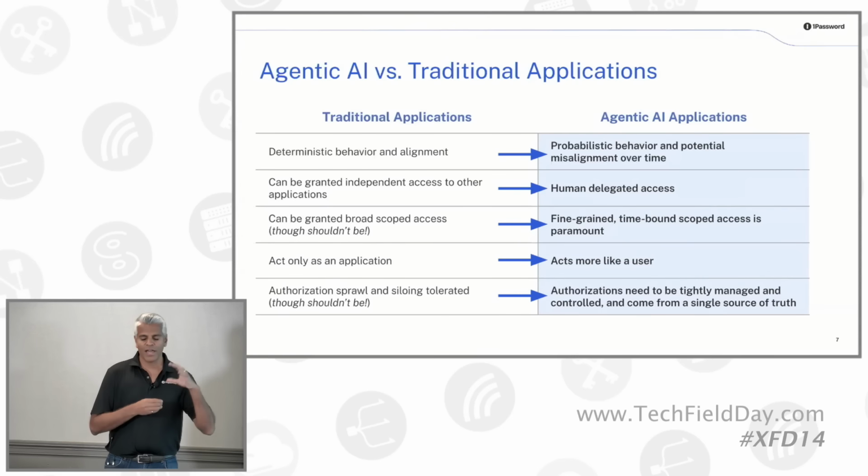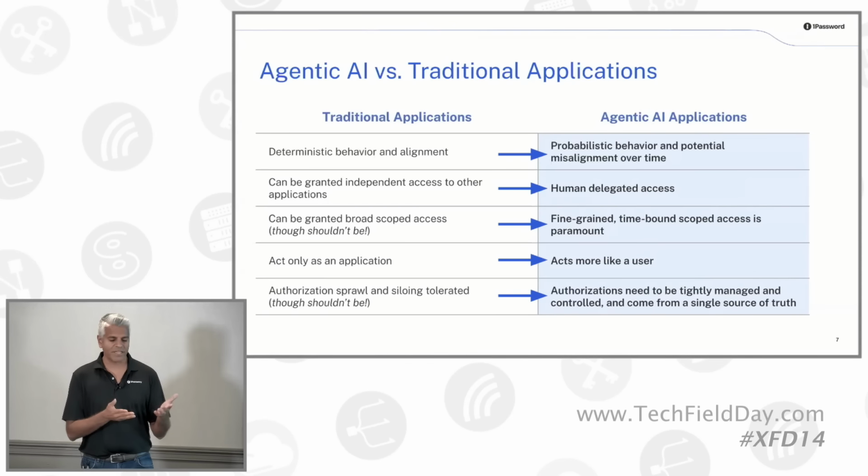You have your application team managing secrets for applications in, say, HashiCorp or AWS Secrets Manager, which is completely siloed from your workforce secrets and credential management, which would be in something like 1Password, which is siloed from identity access management, which would be like Okta or Microsoft Entra. And agentic AI really scrambles these silos because of these differences. And so authorizations need to be tightly managed and controlled and come from a single source of truth, which is part of the thesis about how this changes things.